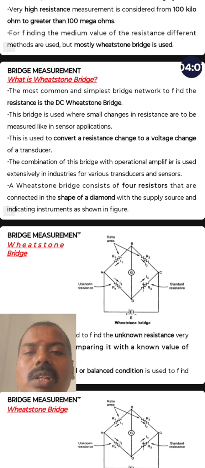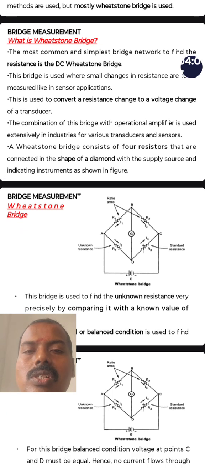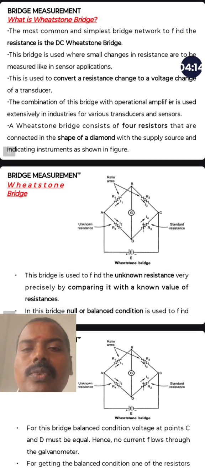With these bridges, very small changes in resistance can be measured, like in sensor applications. It converts the resistance change to a voltage change of the transducer. The combination of these with operational amplifiers is used extensively in industry for transducers and sensors.